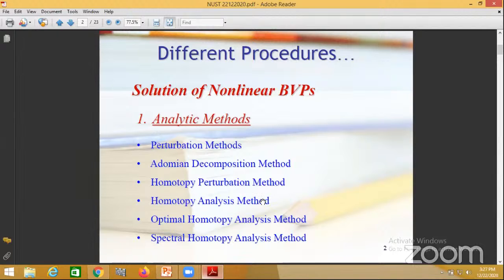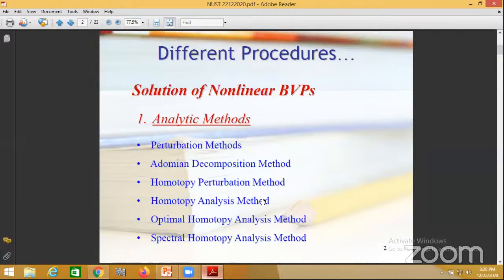It gives us many ways of freedom, like it provides us an auxiliary parameter to control the convergence of the series, and similarly it gives us freedom to choose the linear operator, which was bound in the Adomian decomposition method to have only the higher order derivative be taken as the linear operator. However, the homotopy analysis method is quite flexible in providing these freedoms.